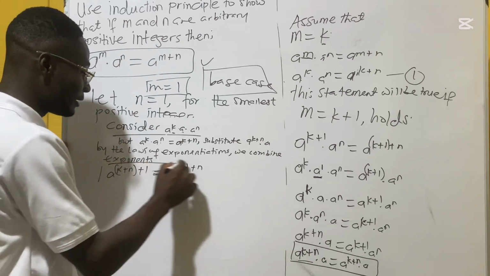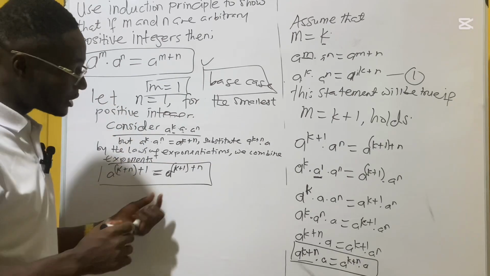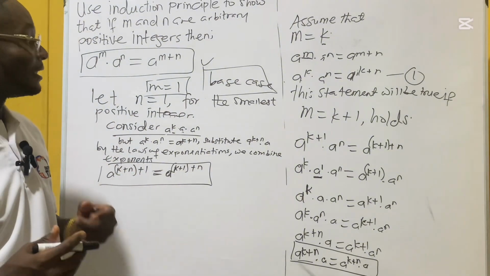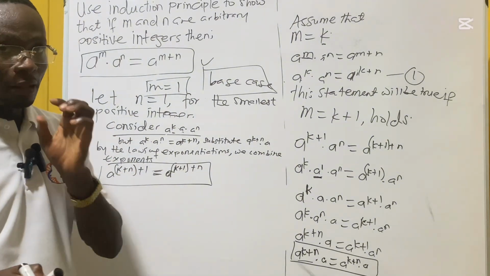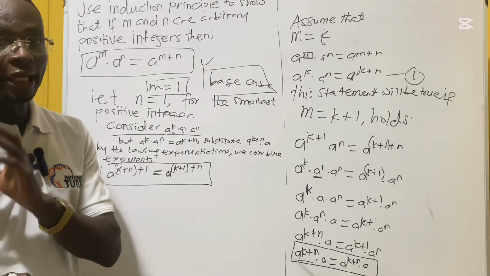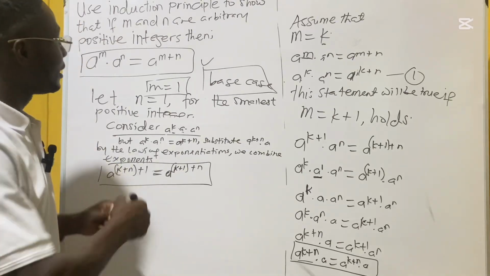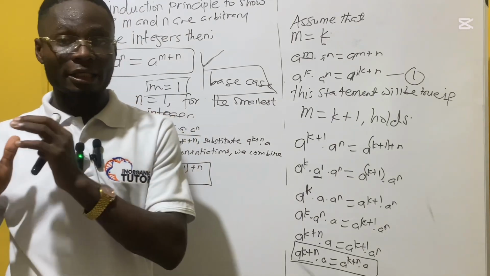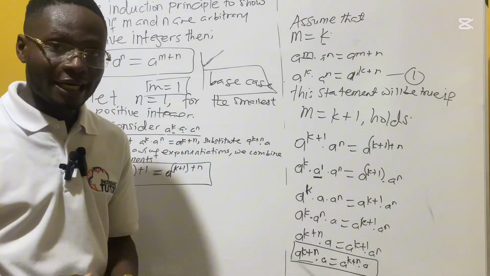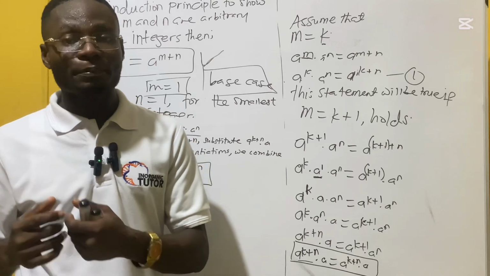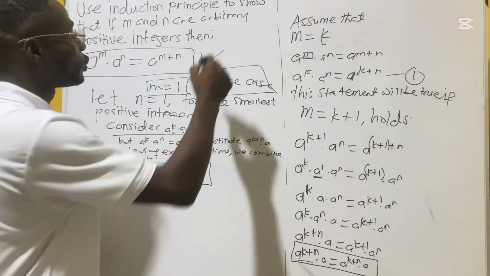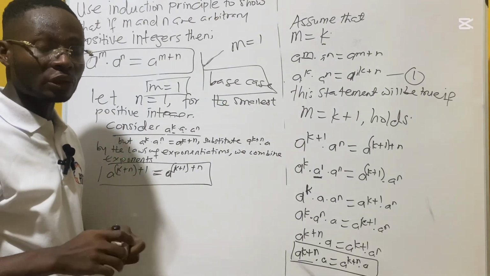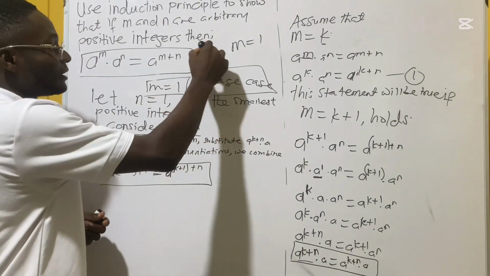And this is valid. Since this statement is valid, we can say that the statement holds for m equal to k plus 1. So by the mathematical induction principle, m equals 1 and m equals k plus 1 hold for this given statement.